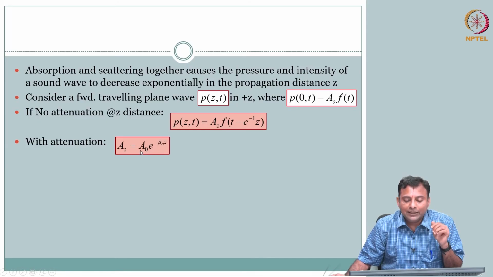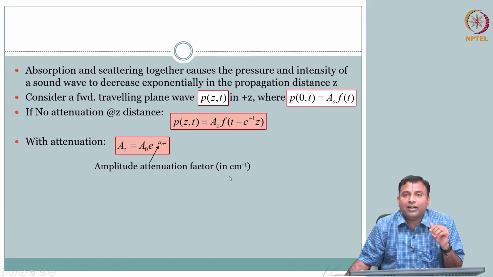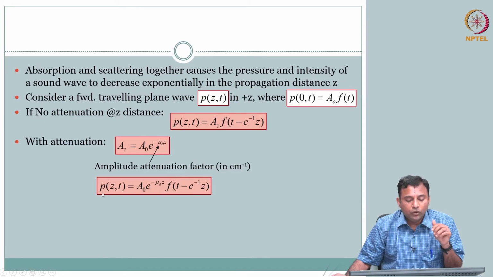So A of z will be A0, whatever you started with, with distance you have lost in an exponential format. Amplitude attenuation factor in centimeter inverse. Okay. So your P of z, t including your attenuation is A0, whatever you started, you have some loss, e power minus mu a z, of this waveform that you started with.